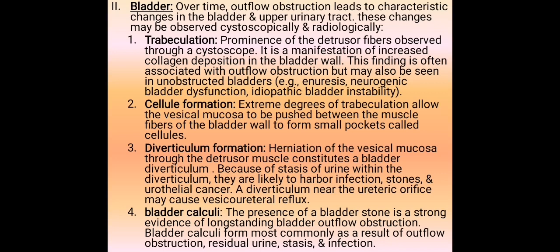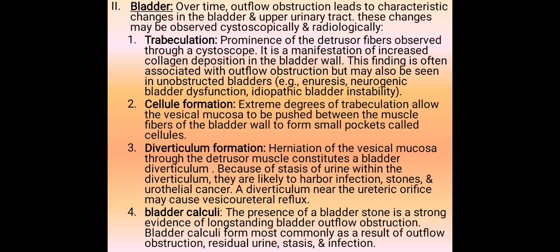Another pathophysiologic change in the bladder will be cellule formation. With extreme degree of trabeculation, the mucosa becomes pushed between the muscle fibers of the bladder wall to form small pockets called cellules. Herniation of the vesical mucosa through the detrusor muscle, forming diverticula, may occur in severe cases.